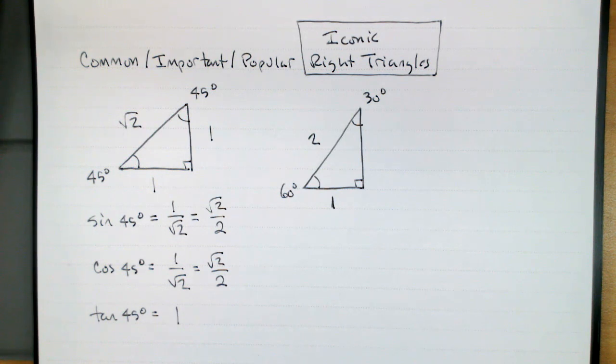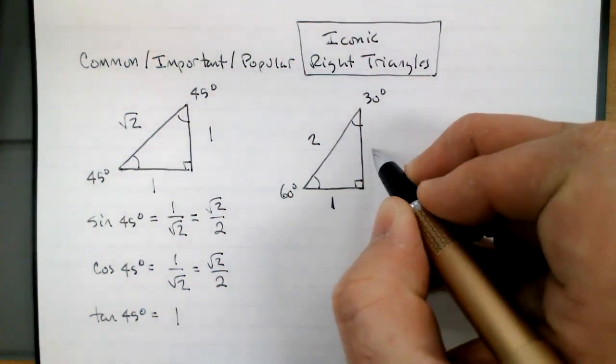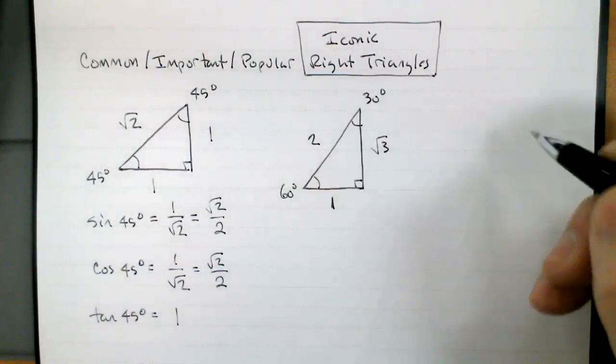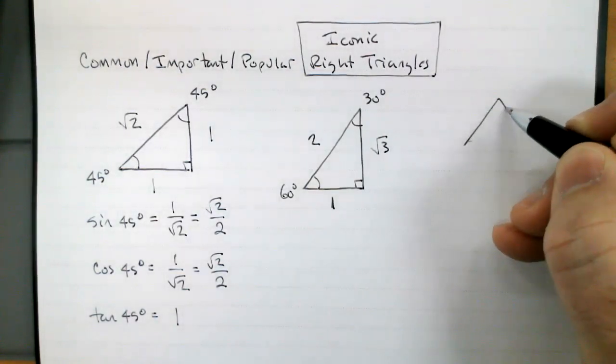Then the Pythagorean theorem will tell us that the vertical leg is going to be the square root of 3.